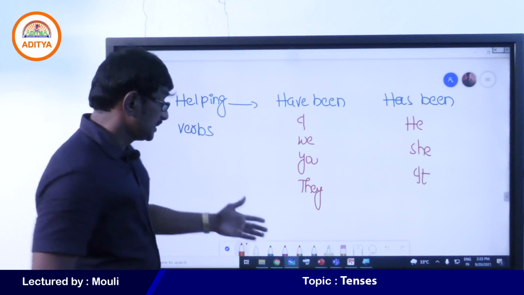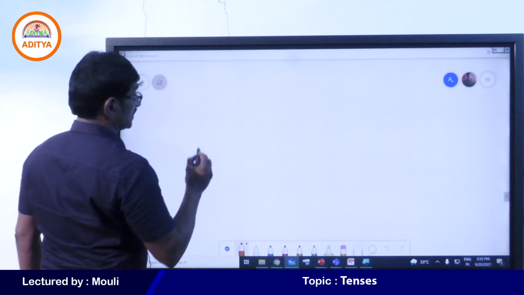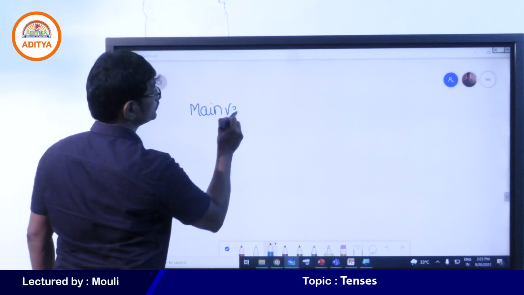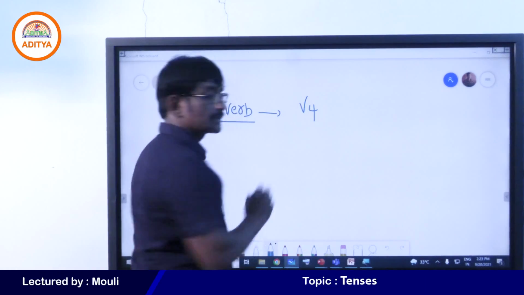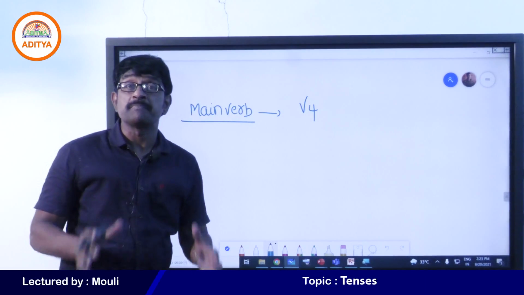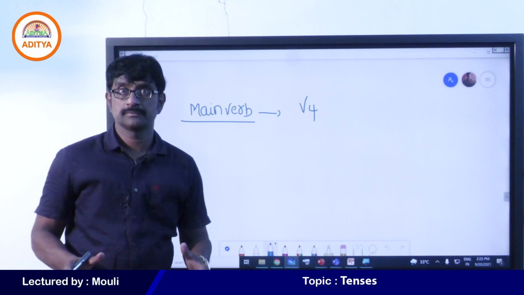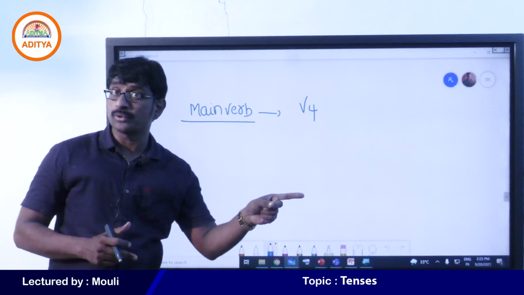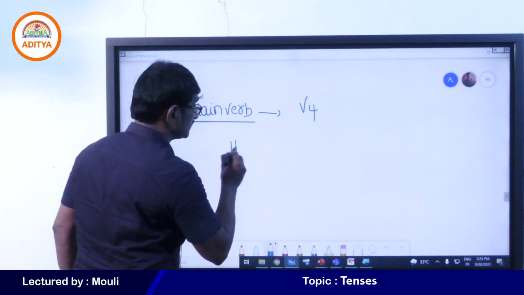Okay, students, I'm going to write the main verb also. What is the main verb here? The main verb is V4. V4 is compulsory here. So have been plus V4, has been plus V4.